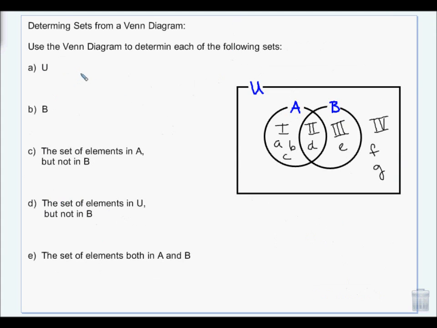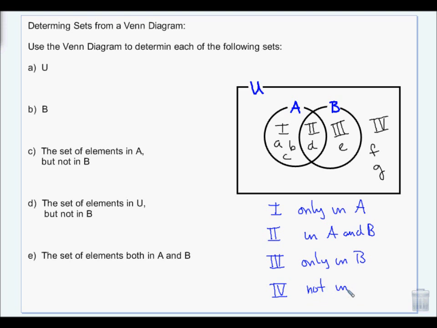Okay, so what we have, these Roman numerals, 1, 2, 3, and 4, these indicate regions. Region 1 is only in A. Region 2 is in A and B. Region 3 is only in B. And then region 4 is not in A or B. So these are regions.